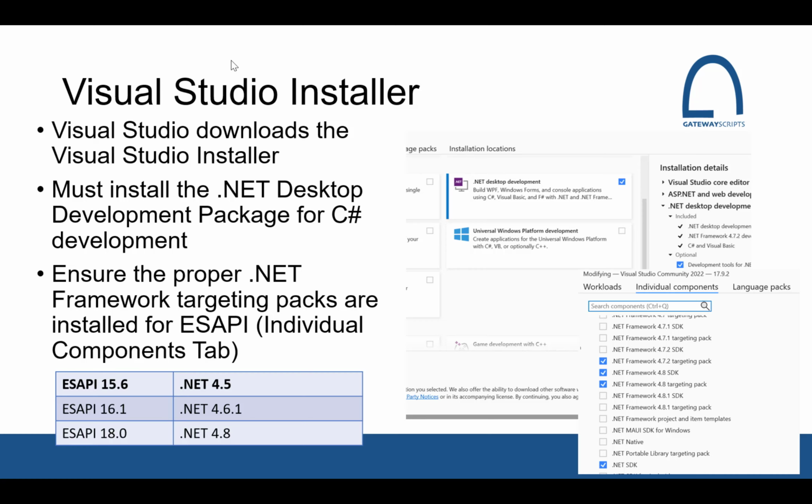If you're working in the ESAPI 16.1, you'll need the .NET 4.6.1. And if you're working in ESAPI version 18, you can use the .NET 4.8. When installing a new version of the .NET framework, there is both an SDK and targeting pack available. They have different responsibilities, but it's best to go ahead and install both.